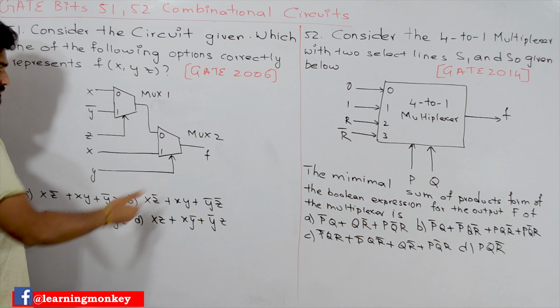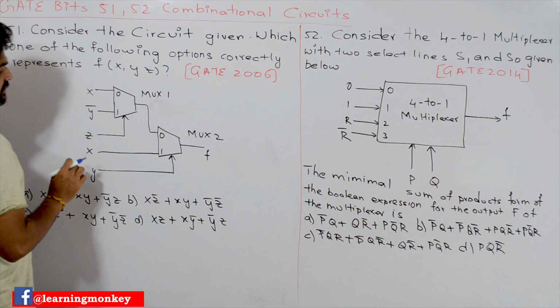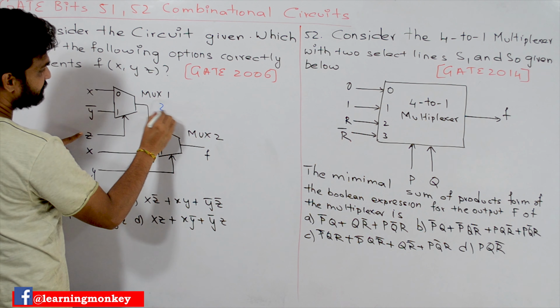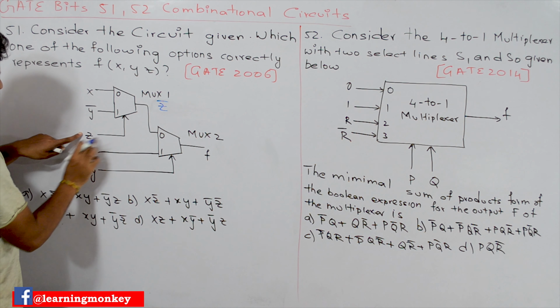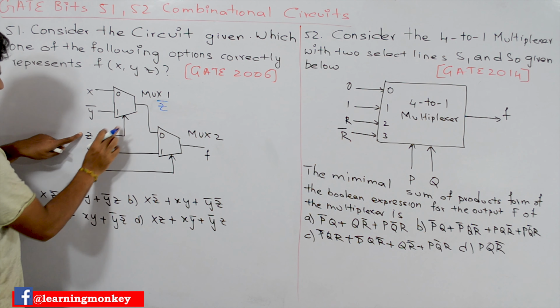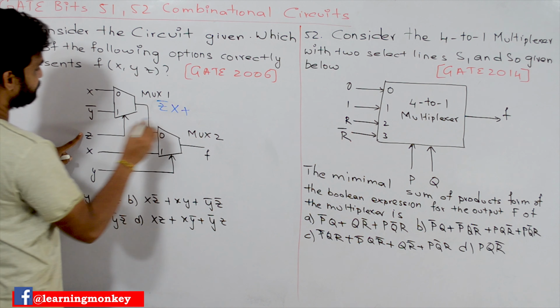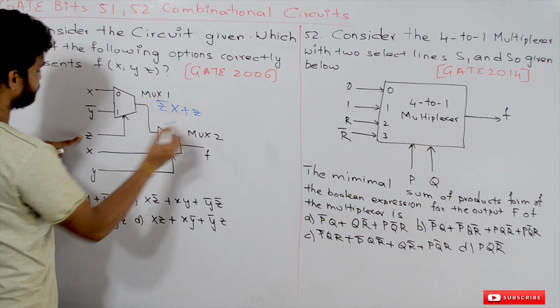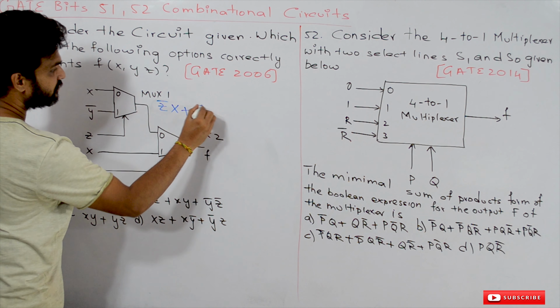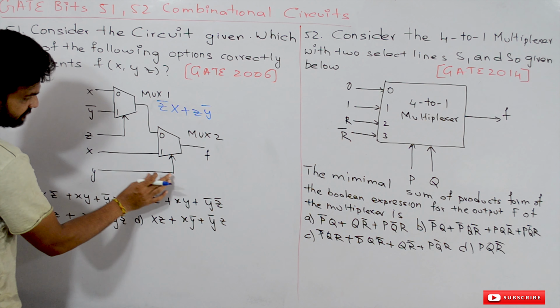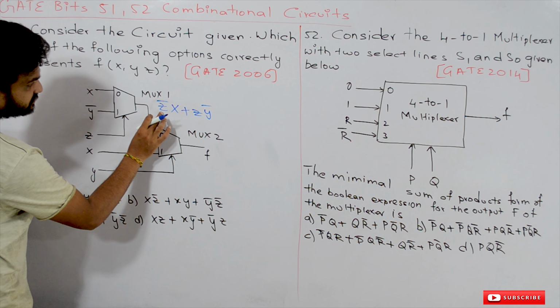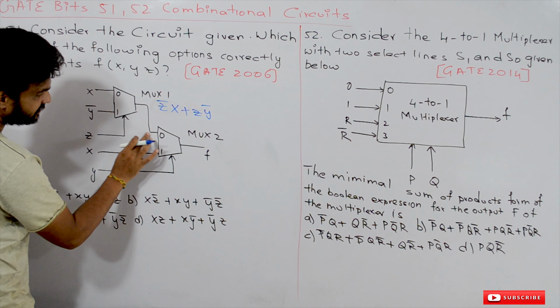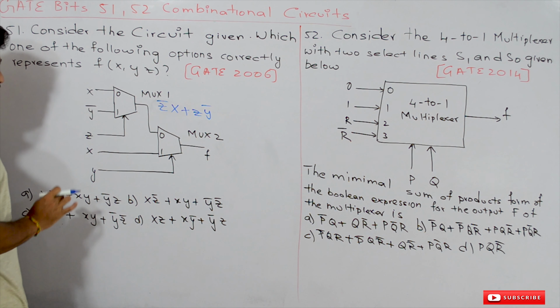Now what is the output generated by this multiplexer? It is z bar x plus z y bar. Whenever the value of z is 0, it selects the input x, and whenever the value of z is 1, it selects y bar.